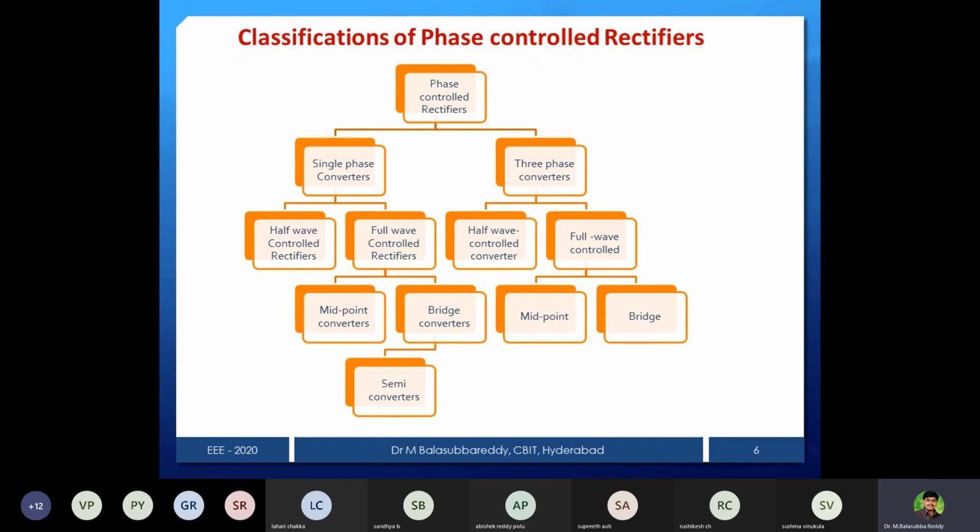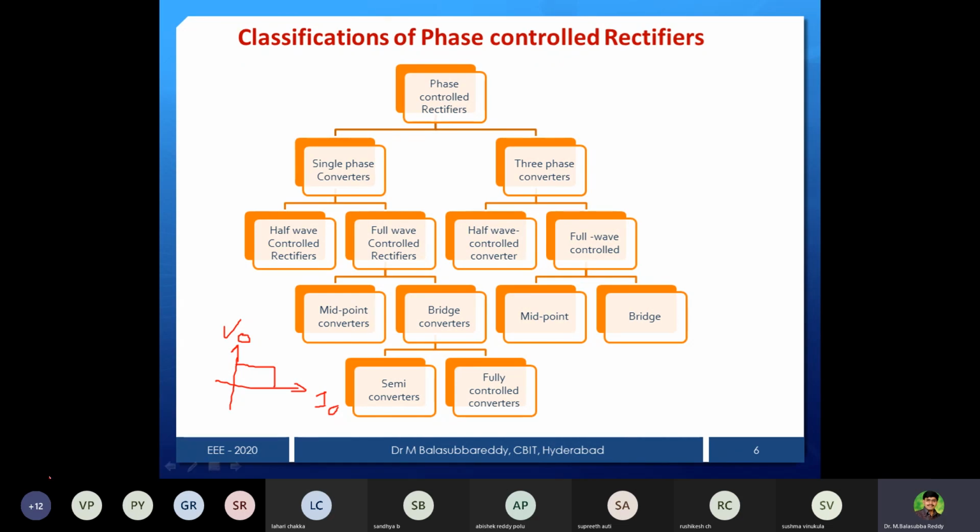And again, bridge type we have as two controllers, one is a semi converter, another one is a full converter. So this semi converter gives only first quadrant operation, irrespective of the load. Now you can see whether you connect R load or RL load, or RLE load, the output voltage and output current remain positive, because the semi converter consists of a freewheeling diode. Whenever a freewheeling diode is across the load, negative voltage will not be obtained.